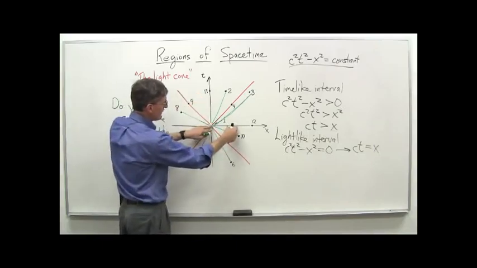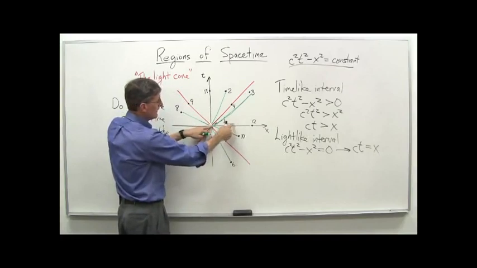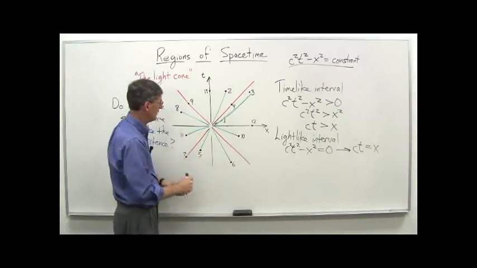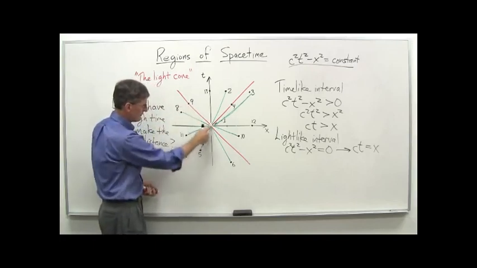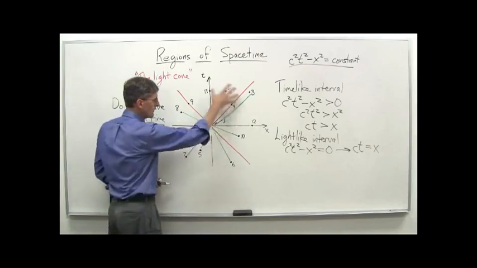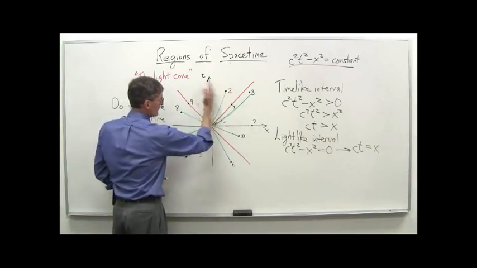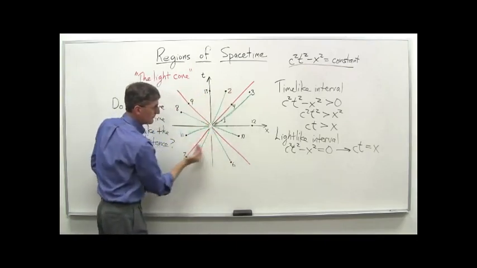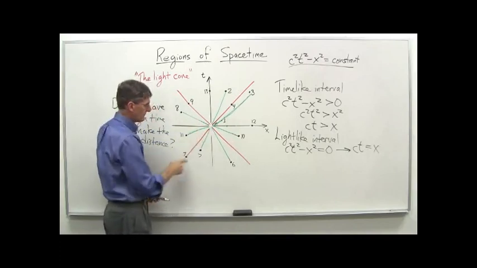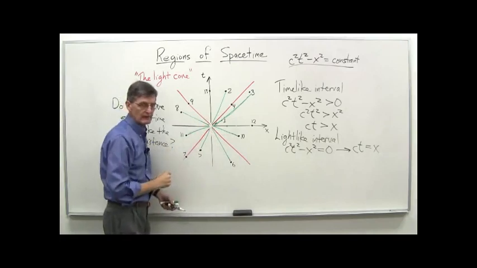To get there, you have to travel at the speed of light. And that's called a light-like interval, or from 1 to 9, or from 7 to 1, going that way. Those are light-like intervals. So a given point here, if it's within this cone this way, or down here, it's a time-like interval from this point to that point. If it's on the light cone, it's a light-like interval.